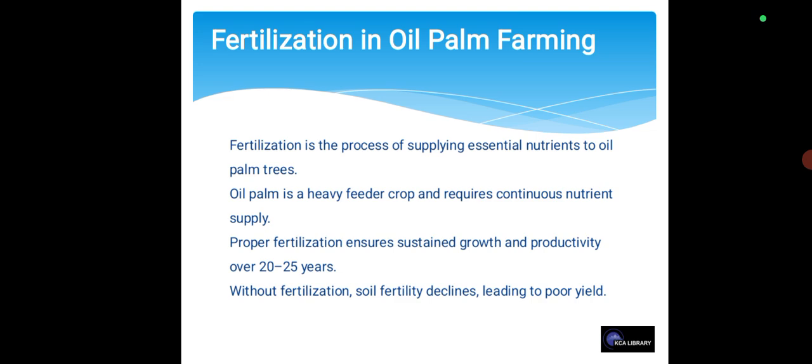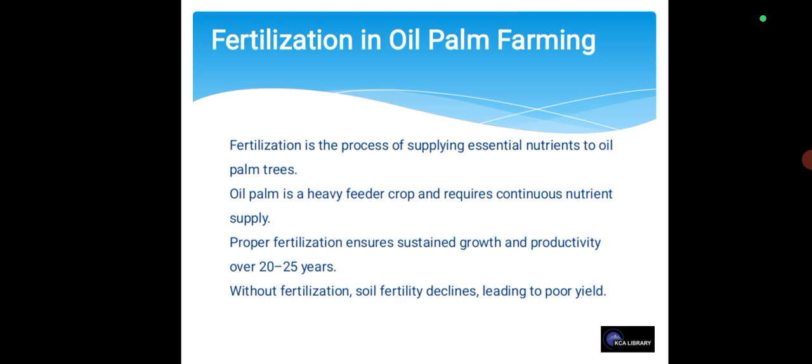Fertilization is the agronomic practice of supplying essential nutrients to oil palm trees in order to support their growth, development, and sustained fruit production. So, oil palm is classified as a heavy feeder crop.